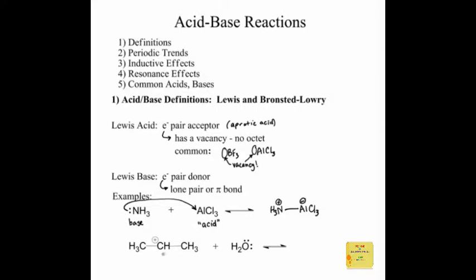Let's just take a look at one more example. A carbocation is another good example of a Lewis acid because it is missing an octet and can accept a pair of electrons. Water could be used as a Lewis base. And so, same idea, we could use that lone pair to form a bond between the oxygen and the carbon. What does our product look like?